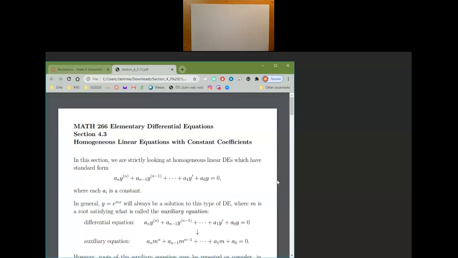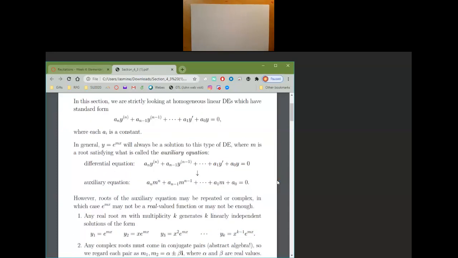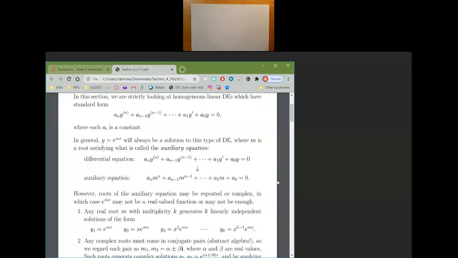Because I have studied in grad school, I've studied some dynamical systems that didn't necessarily touch on this section so much, but I've also studied math modeling, and math modeling made a lot of use of these types of differential equations. So I'm very comfortable myself working these kinds of problems.